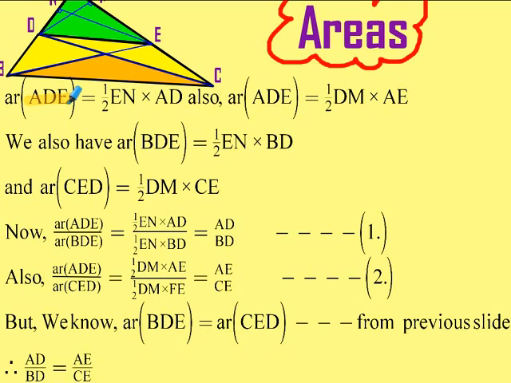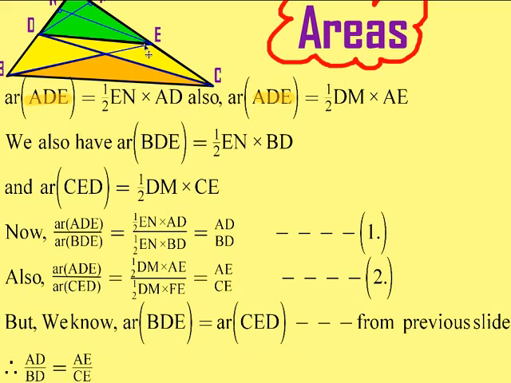We can also find the area of ADE by considering the other altitude, which is DM. So the area of the triangle will be half DM into AE. We also have triangle BDE.